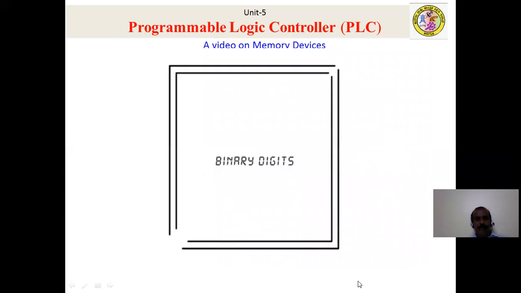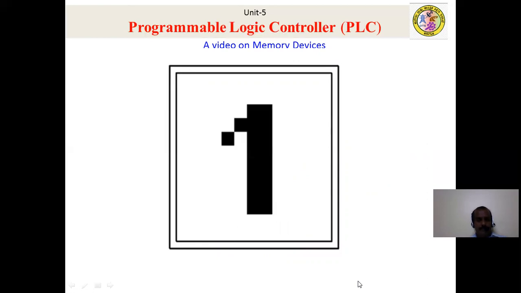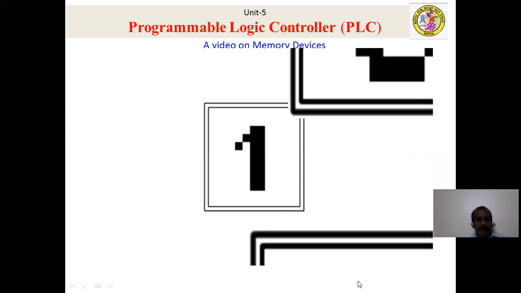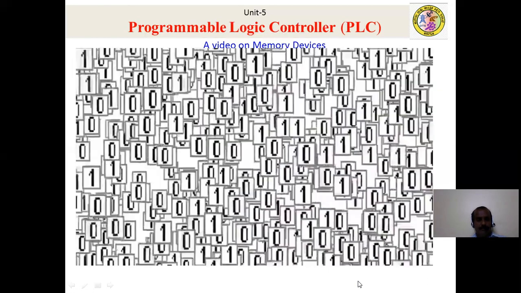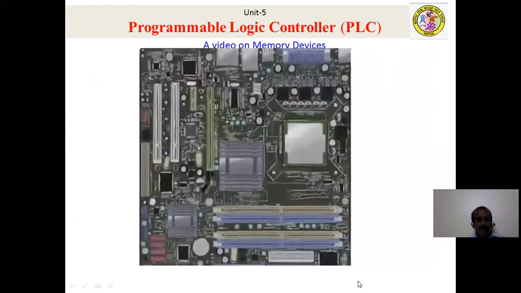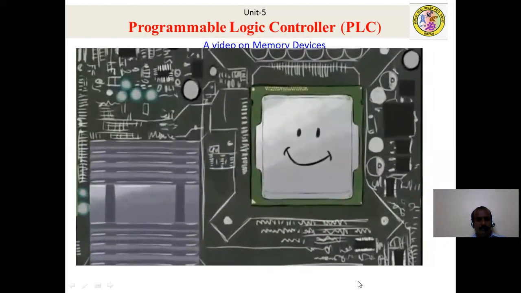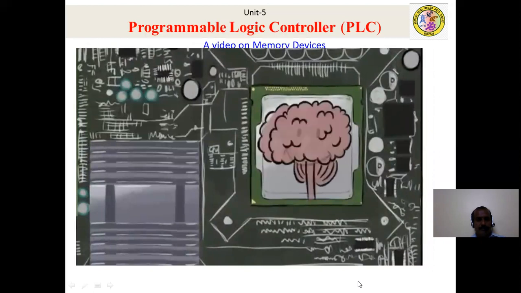Each of these is stored in a memory cell that can switch between 2 states for 2 possible values, 0 and 1. Files and programs consist of millions of these bits, all processed in the central processing unit, or CPU, that acts as the computer's brain.